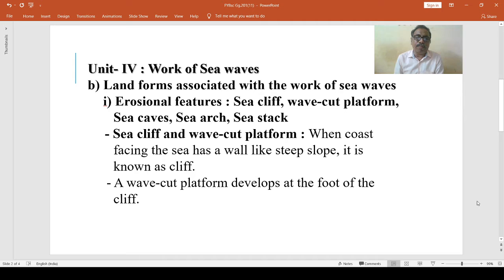Notch means a small depression. The eroded rock material is washed down the hill slope and is deposited below the level of wave action. A cliff is produced by undercutting. A wave cut platform develops at the foot of the cliff.